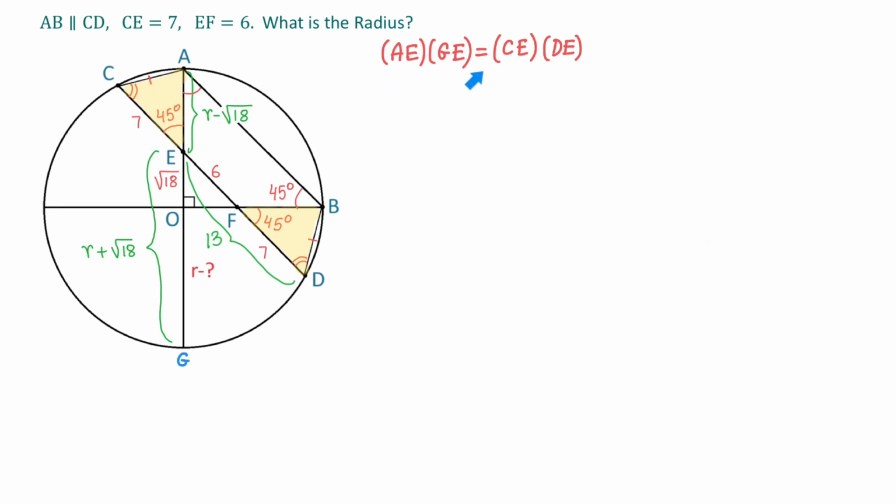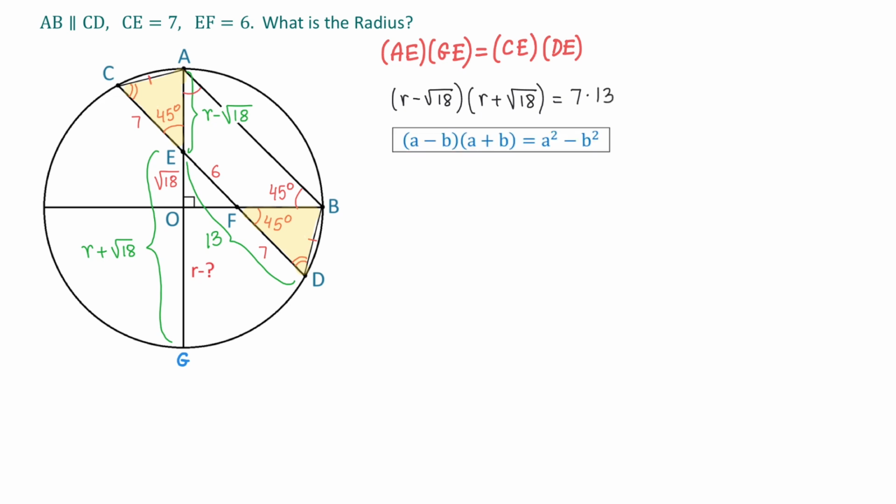And now in this equation, we will replace AE with R minus square root of 18, GE with R plus square root of 18, CE with 7, and DE with 13. So we will have R minus square root of 18 times R plus square root of 18 equals 7 times 13.